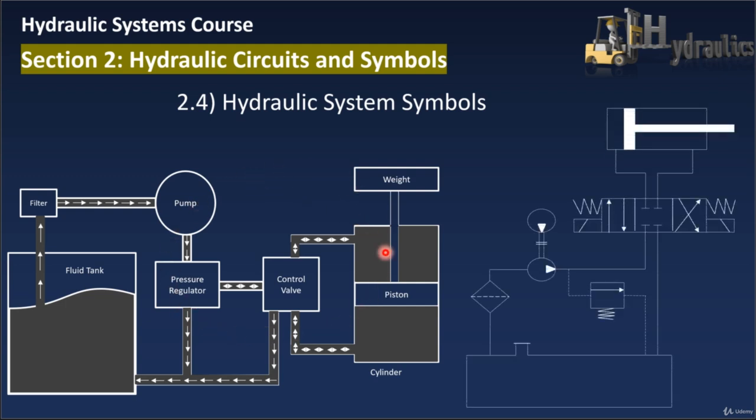If we again refresh our understanding of the items, here we have the reservoir, here the filter, here the pump with motor, and here is the pressure regulator. This one represents the control valves, and this represents the cylinder or actuators. We'll come into details of each symbol of these items in the next lectures, so don't be worried.